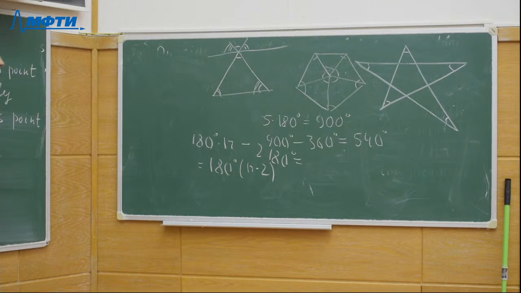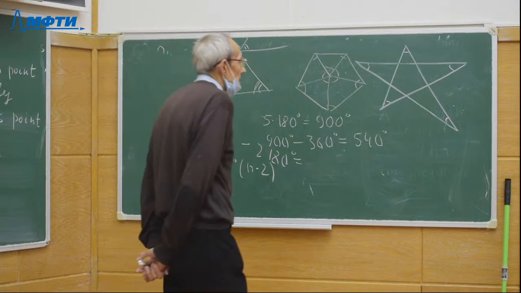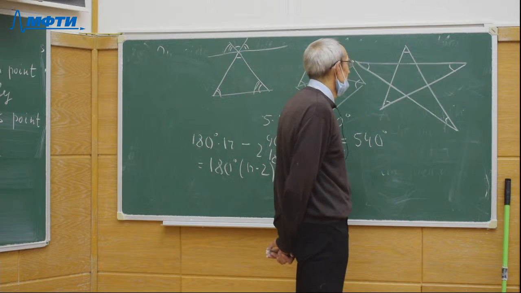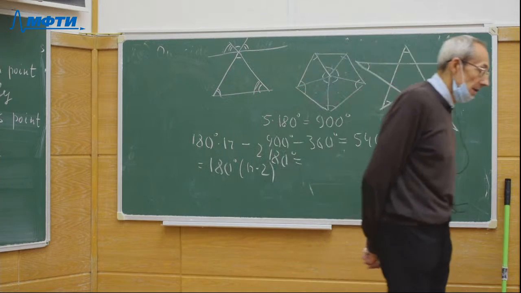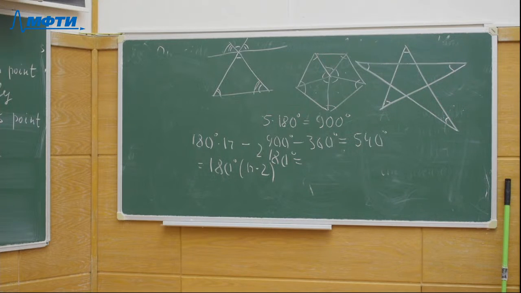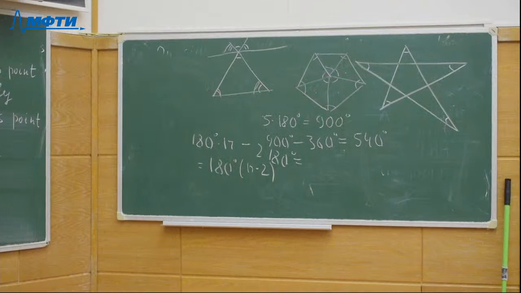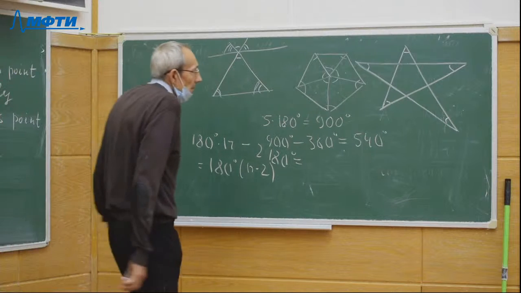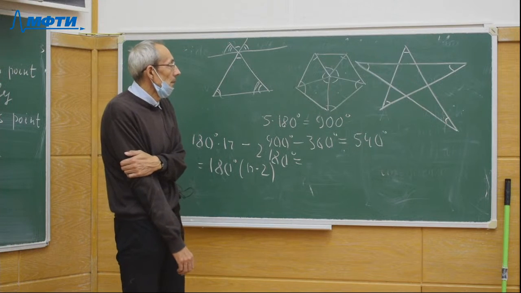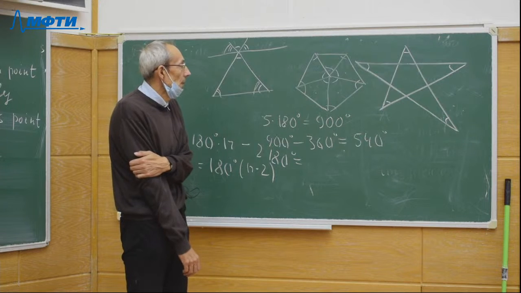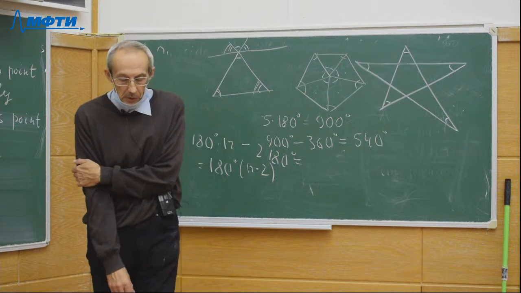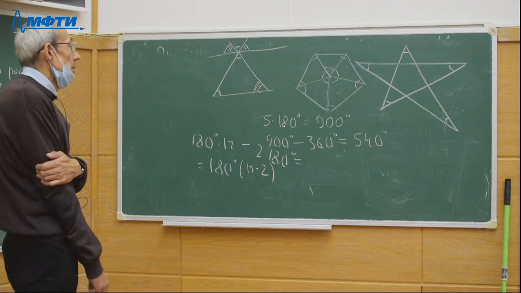And maybe we can generalize this calculation to the case of n-corner stars, like this. This sum can be calculated in various ways.